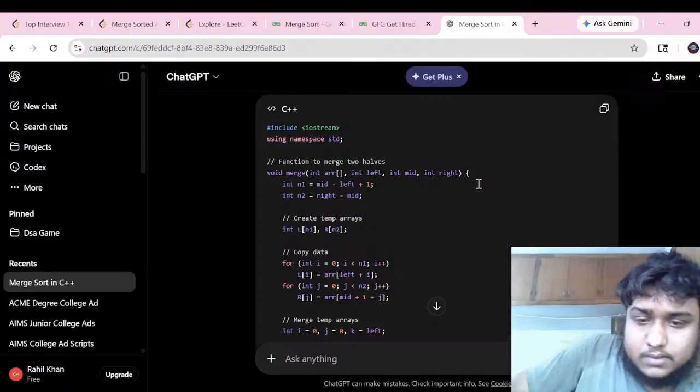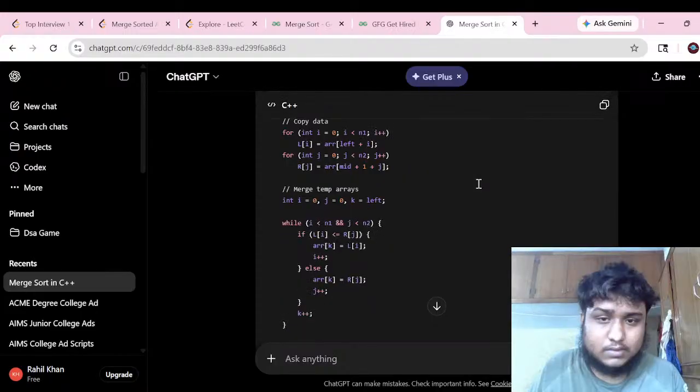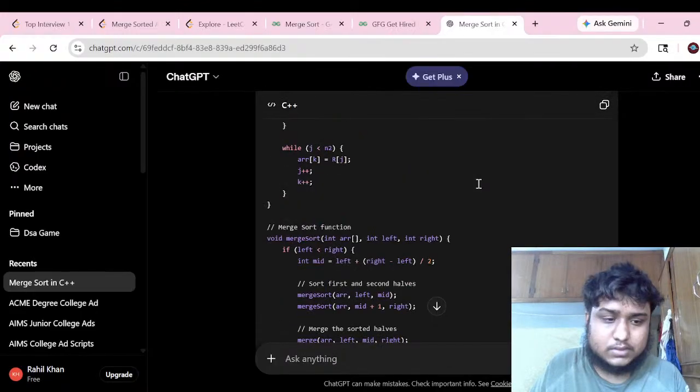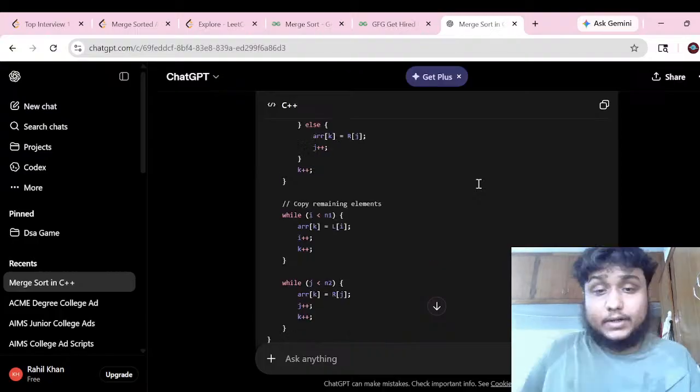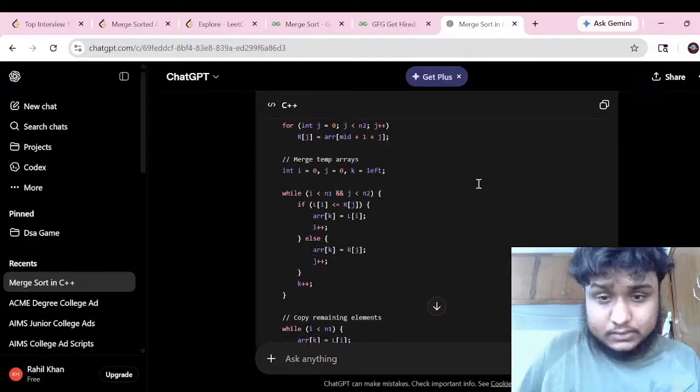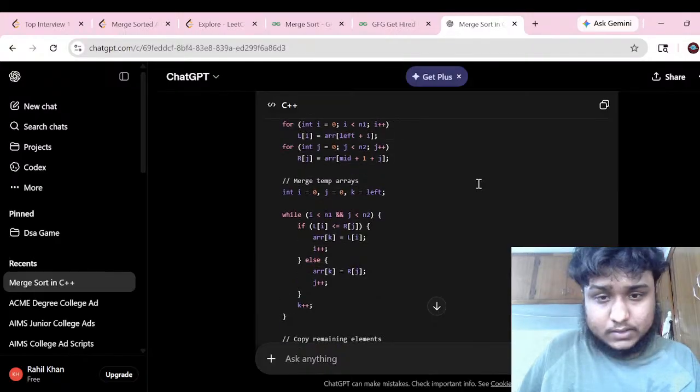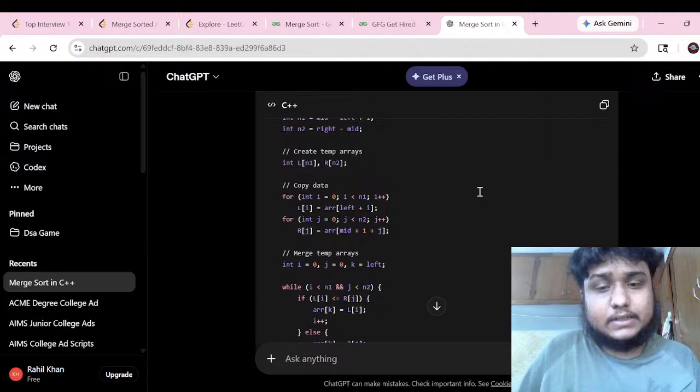So what it is saying is int i is equal to 0. Okay, so it's the merging temporary array.